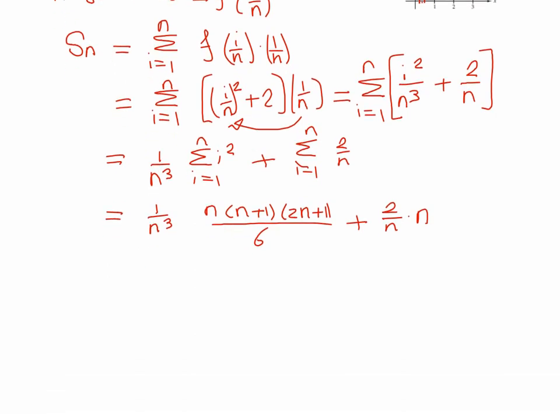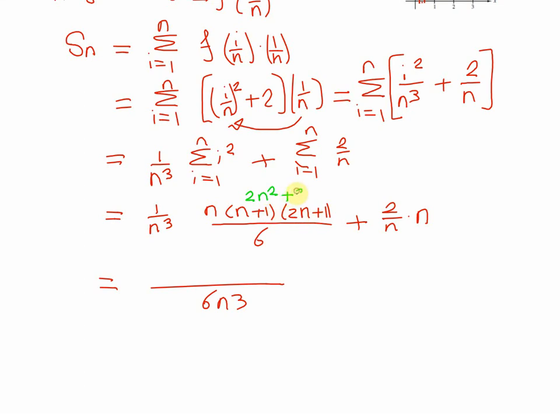Now, we are going to simplify this form. It equals, over 6n cubed. If I want to multiply them, let's first multiply n plus 1 times 2n plus 1. n times 2n is 2n squared, right? n times 1 is n. 2n times 1 is 2n.